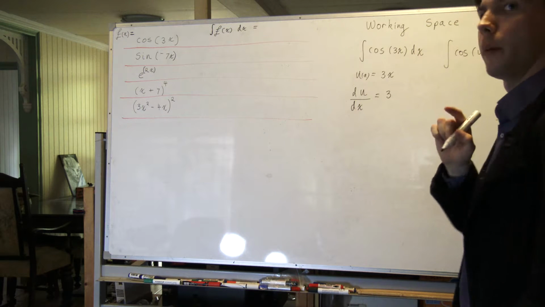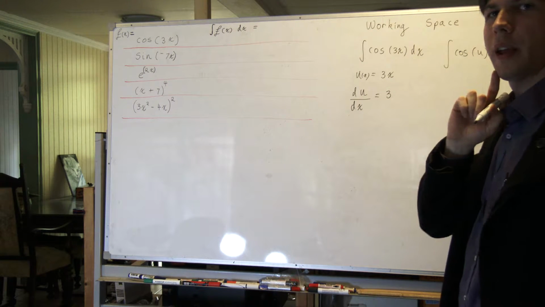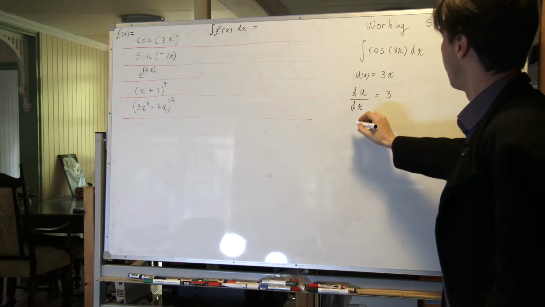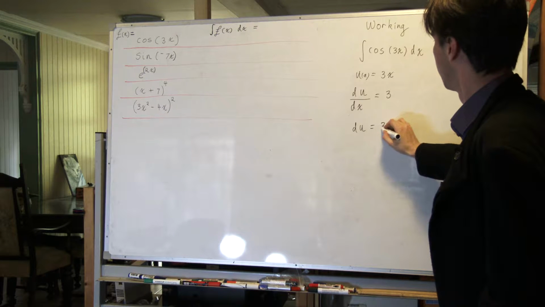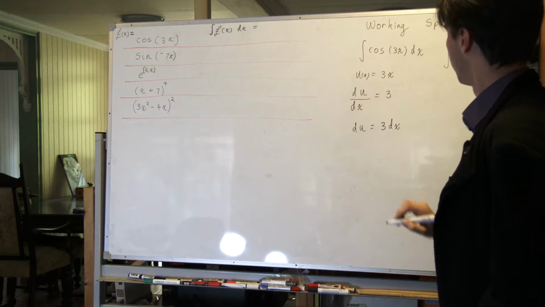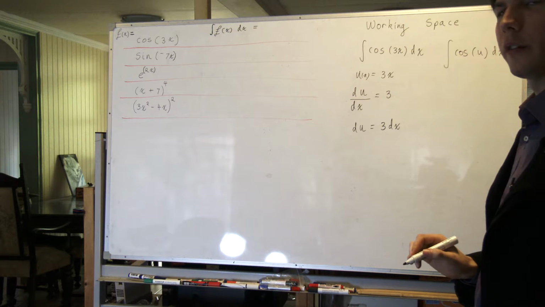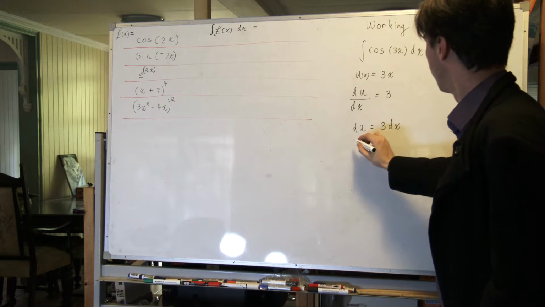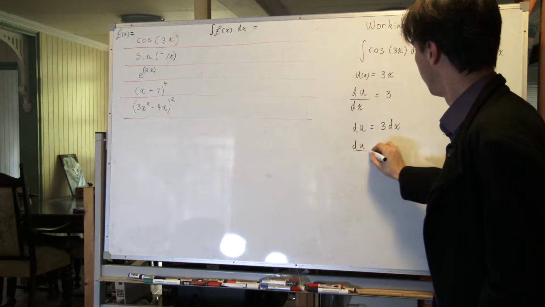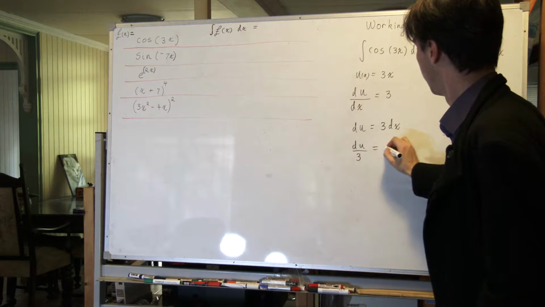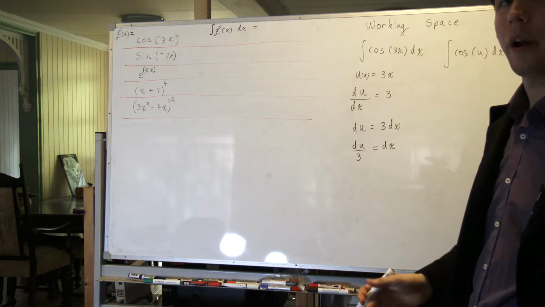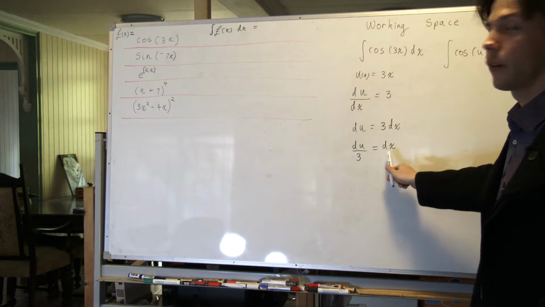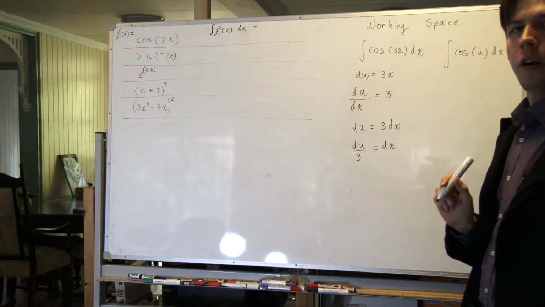and then I'm going to rearrange it by multiplying both sides by dx, and then I'm going to divide by 3. What does this tell me? This tells me anywhere I see dx, I can replace it with du over 3.